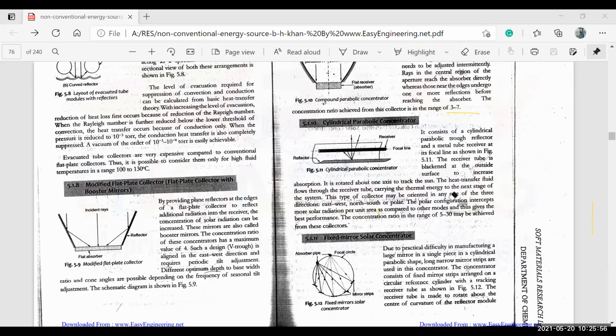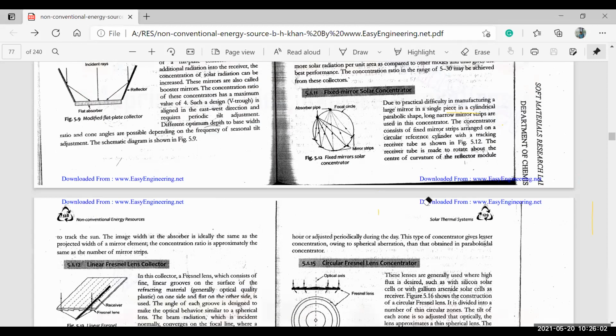Let's see for this smaller unit, that is your fixed mirror solar part. Let's see what data they have given. Due to practical difficulty in manufacturing a large mirror in a single piece in a cylindrical parabolic shape, long narrow mirror stripes are used in this concentrator.